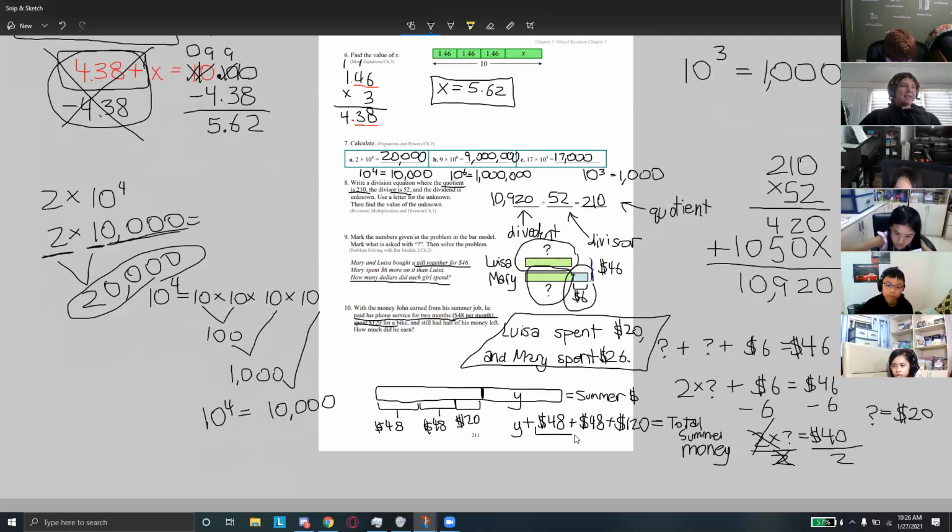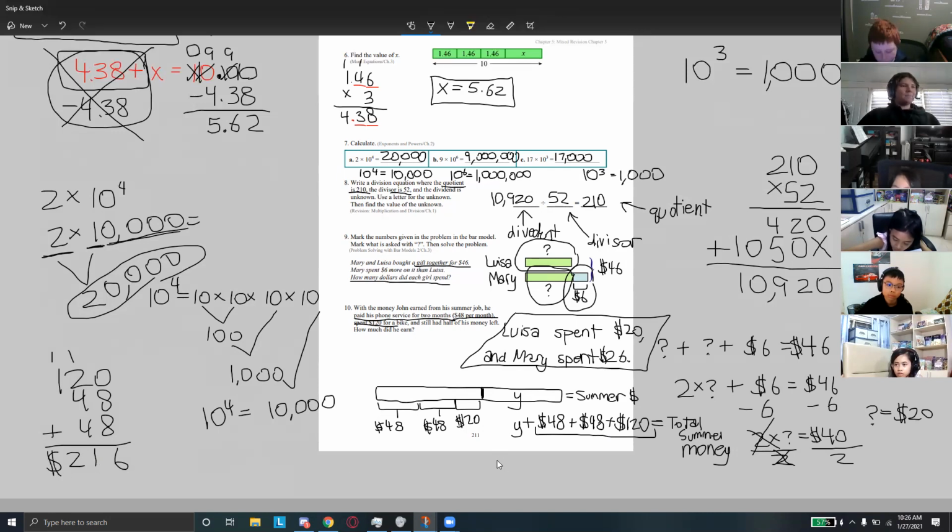So how about we start by adding up how much he spent? Because $48 plus $48 plus $120, we could do that. So 120 plus 48 plus 48. 8 plus 8 is 16. 4 plus 4 plus 2 plus 1 is going to be 11. And 1 plus 1 is 2. Hey, $216. Great, okay.